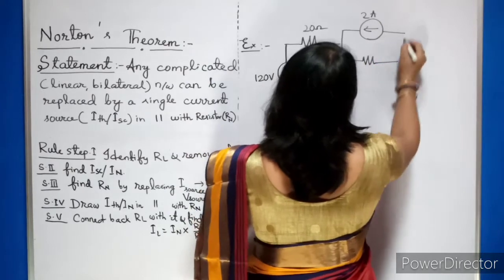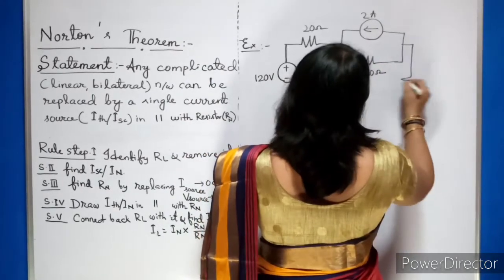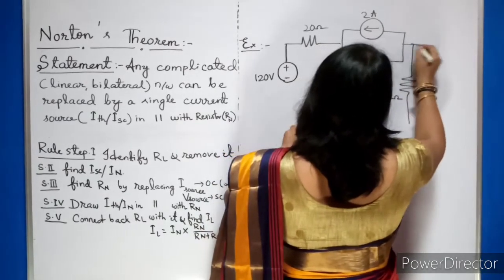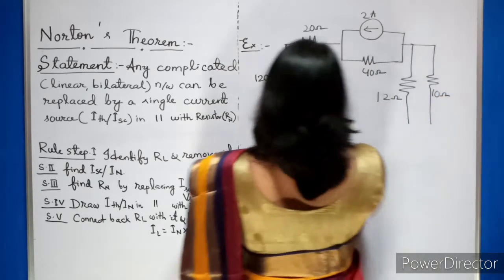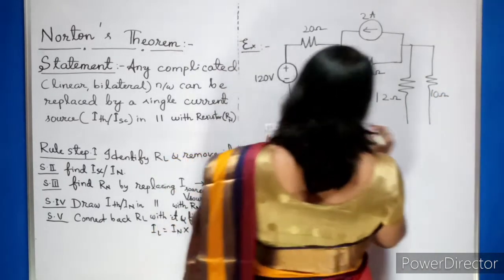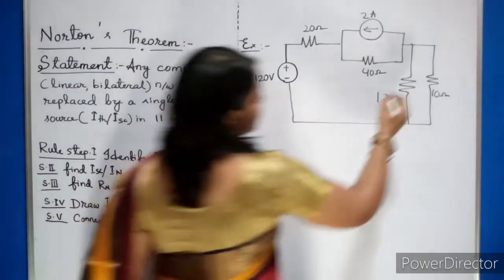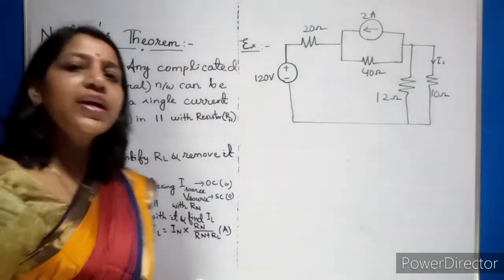Across the current source there is a resistor, let it be 40 ohm. And there is a resistor of 12 ohms, and another load resistor of 10 ohms. Now you connect these. That's all, this is your circuit. They are asking you to find the current across it. This is your load current.